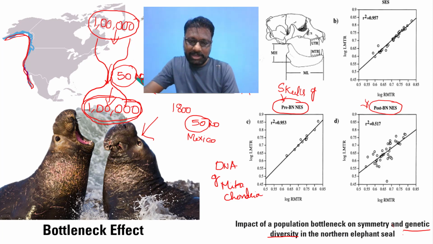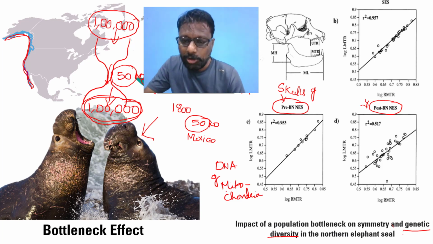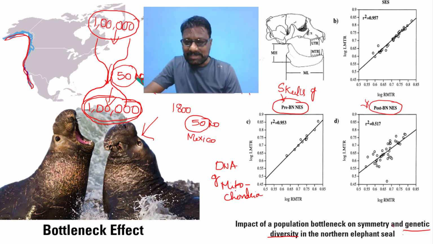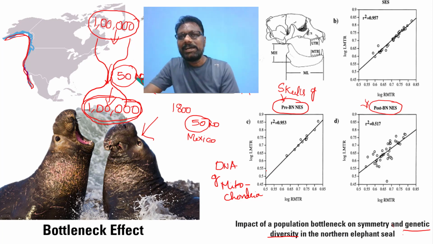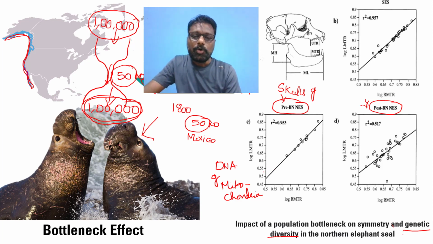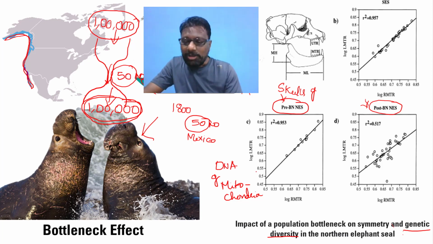When they isolated the mitochondrial DNA from the skulls of the pre-bottleneck northern elephant seals and compared it with the DNA sequences of the post-bottleneck northern elephant seals, they found there is a lot of loss of genetic diversity in the northern elephant seal after the bottleneck effect.